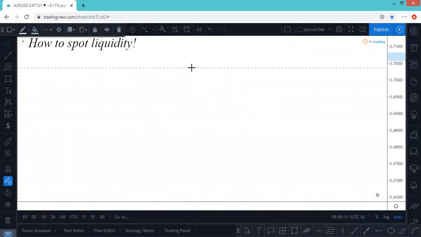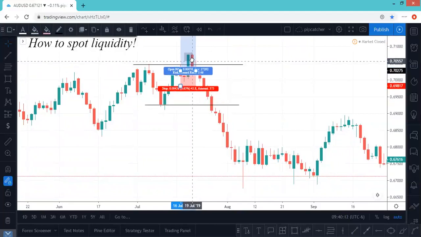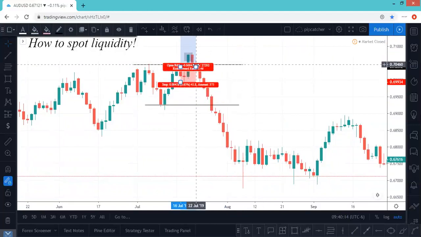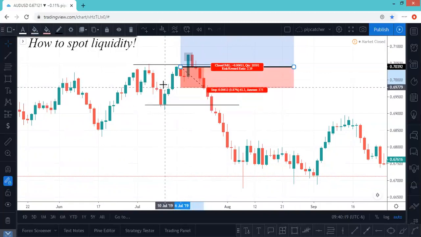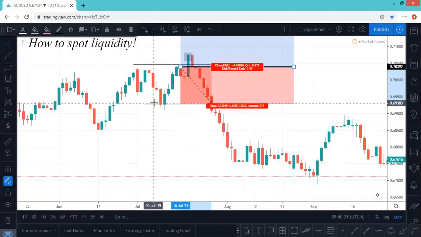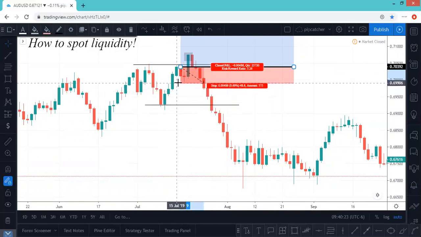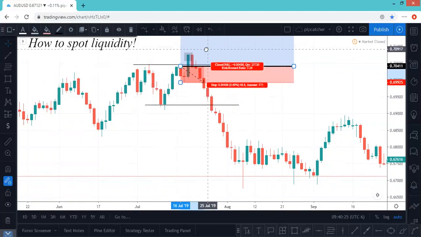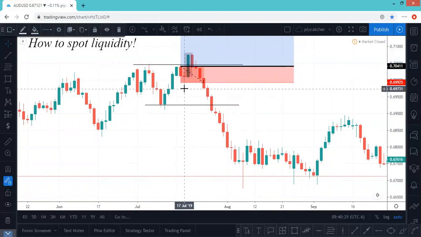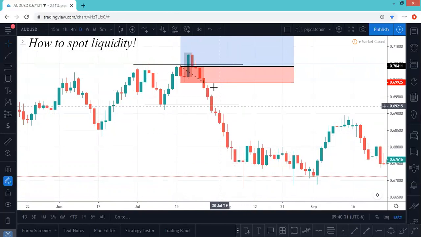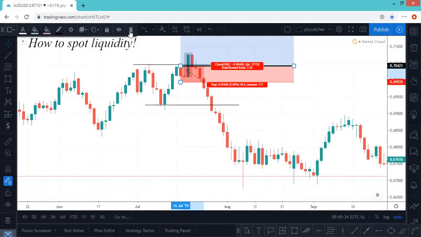They were expecting to buy right here, and maybe they had their stop loss below this low or this low, who knows. But maybe they were expecting to buy this breakout here, and you can see instantly that price traded the opposite direction.